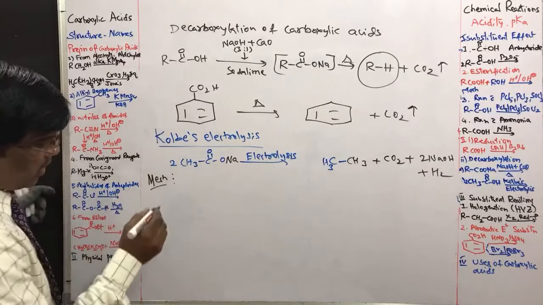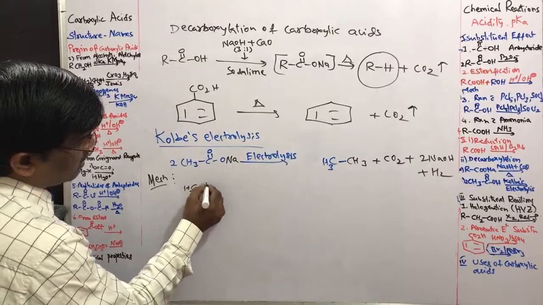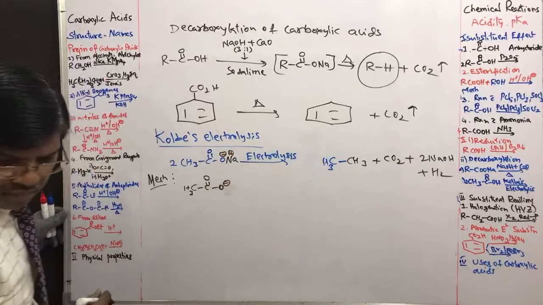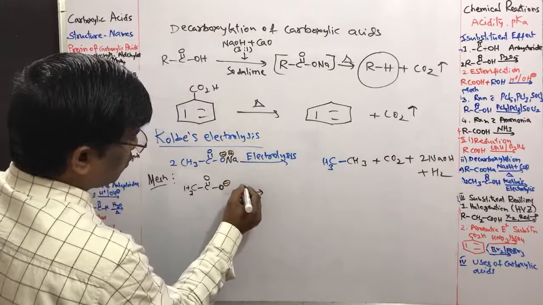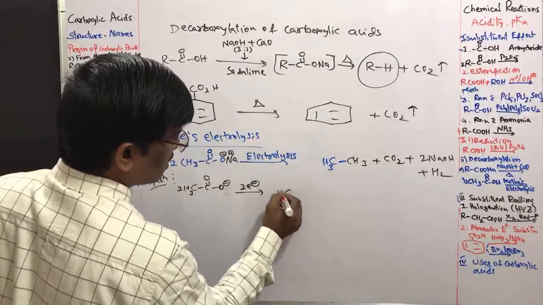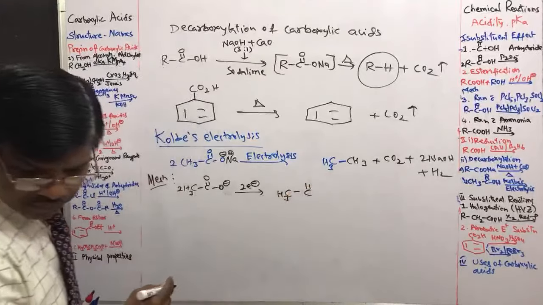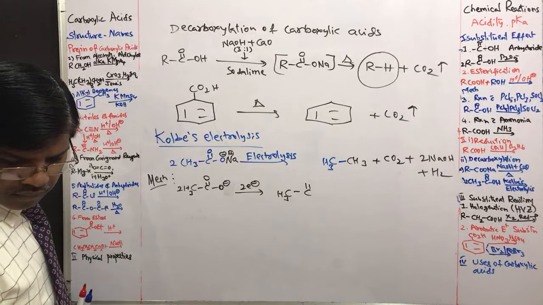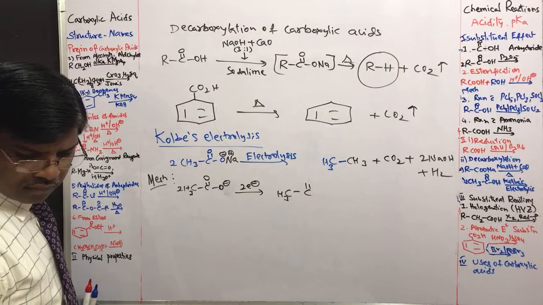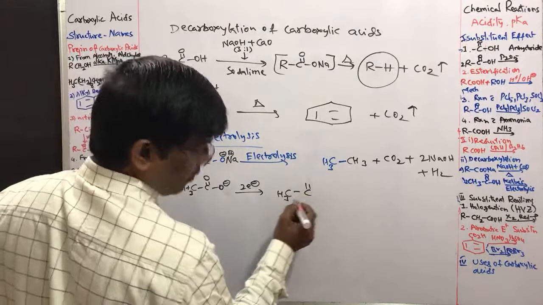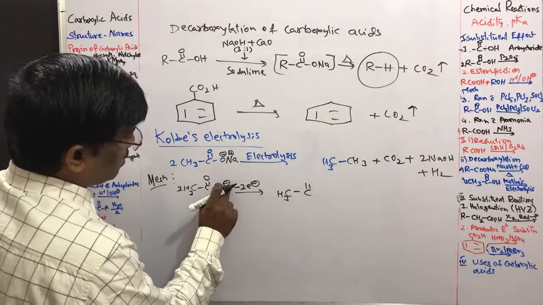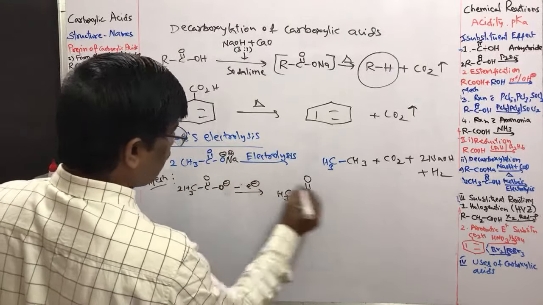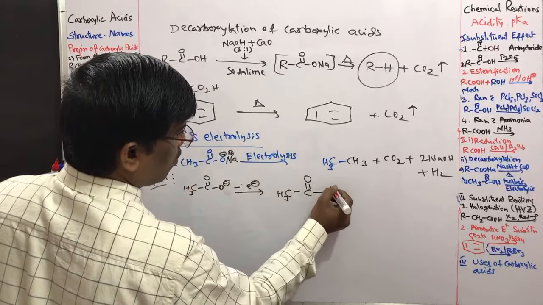The mechanism is very simple, students. When I take this methyl carboxylate, CH3COO minus, at the anode it loses electrons, 2 moles, so 1 electron minus, and it is going to form CH3COO free radical.